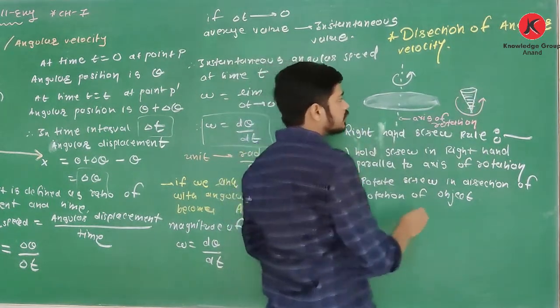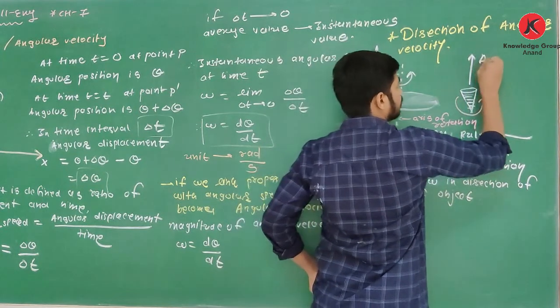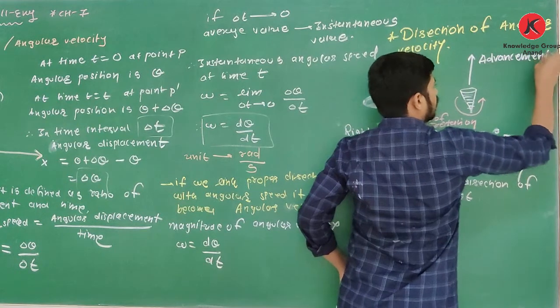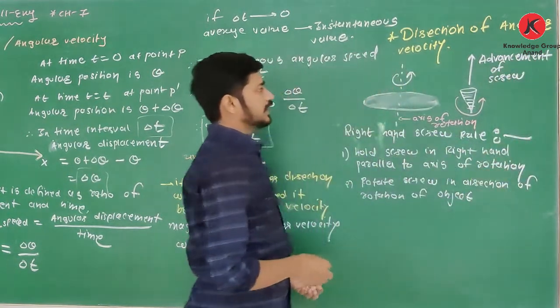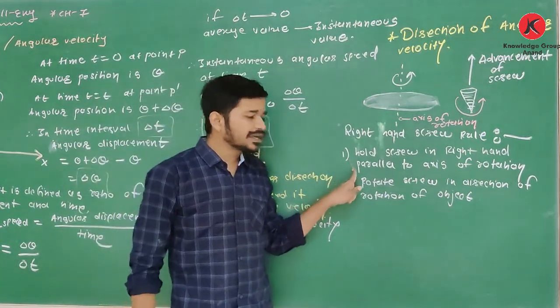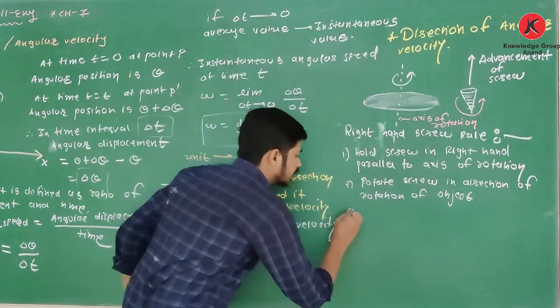We know that this screw will advance in upward direction. It is advancement of screw. Screw will advance in this direction. Yes or no? Yes. Then see, hold screw in right hand parallel to axis of rotation. Rotate screw in direction of rotation of object.